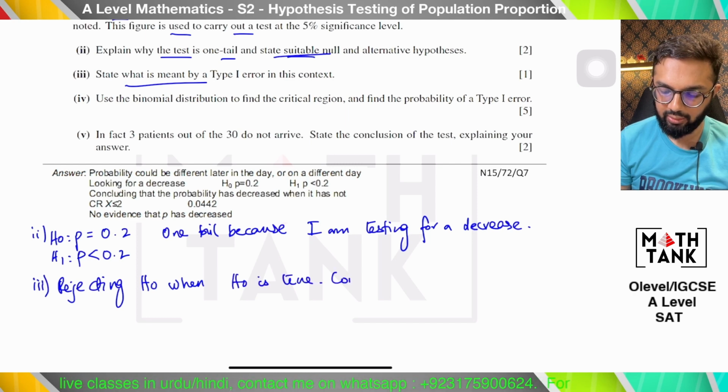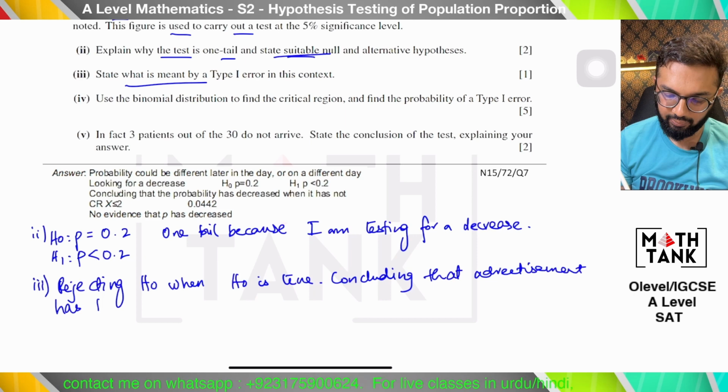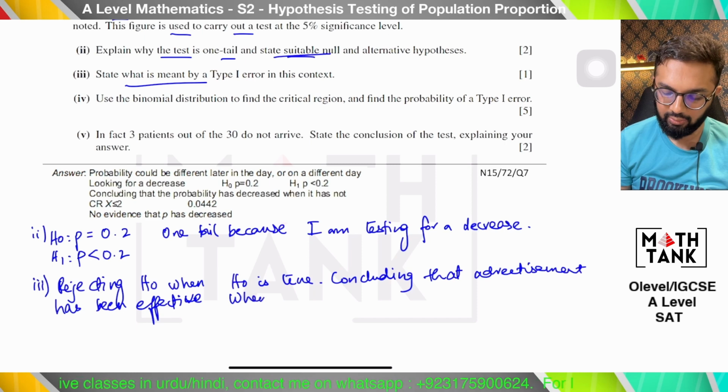So concluding that the advertisement has been effective when it has not.